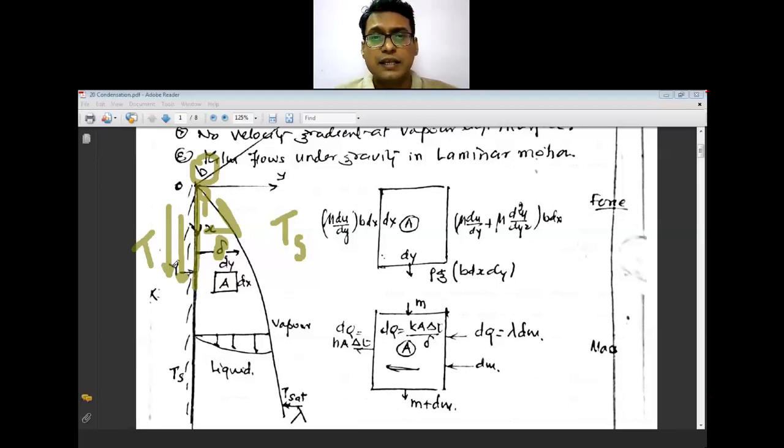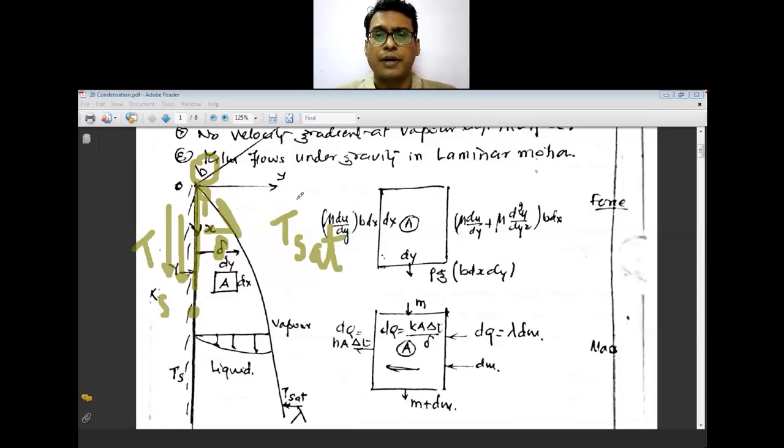Then the heat transfer resistance because of this plate is neglected. The temperature of the surface is Ts, and this is the T saturation.